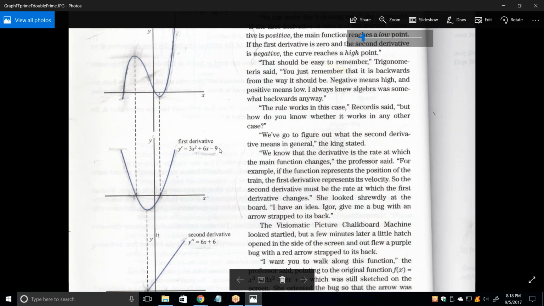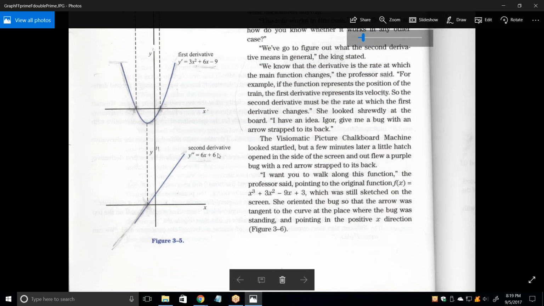And now let's go down and look at the first derivative compared to the second derivative. Same rules apply. Remember what derivatives are: they're just a derivative of the previous function. It doesn't really matter that this is a first derivative and this is a second derivative. You can think of this as being the original function and this as being the first derivative. So again, the original function is decreasing from that point to that point.